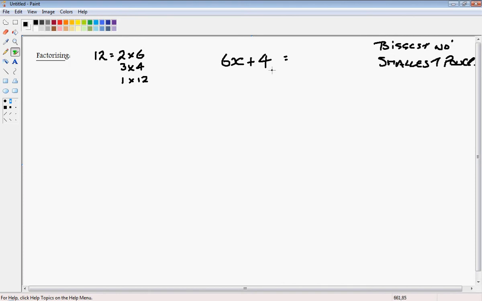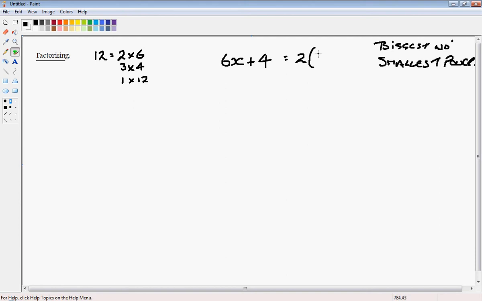So 6x plus 4, if we factorise that, so the biggest number, now I know the biggest number is 6, but what's the biggest number that will divide into 6 and 4? Now the biggest number I can think of is 2. So then I open a bracket. Now I just divide this number into here.